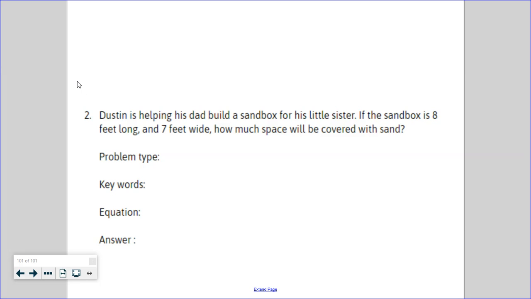So my answer, well, 8 times 7 is 56. So I would say the sandbox will cover 56 square feet. Area always has square units. So again, I would say the sandbox will cover 56 square feet.